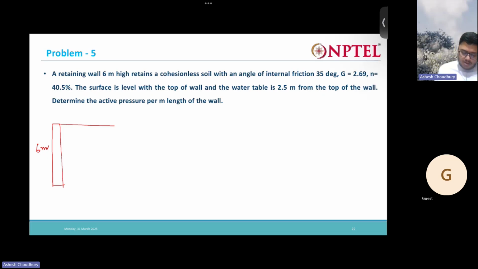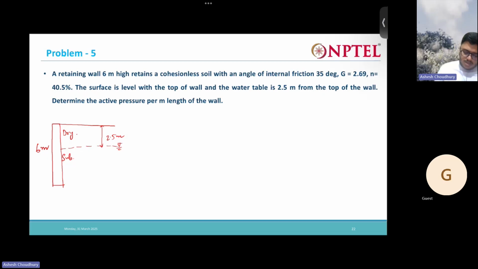This is the backfill, top of the backfill. Water table is somewhere here, and 5 meter. Okay, the soil is dry here, and it is submerged here, obviously.